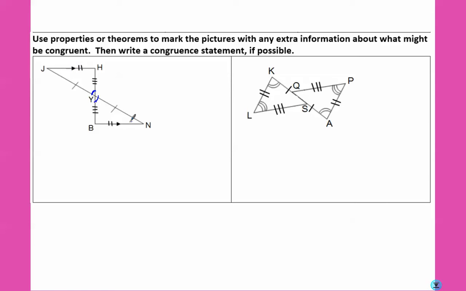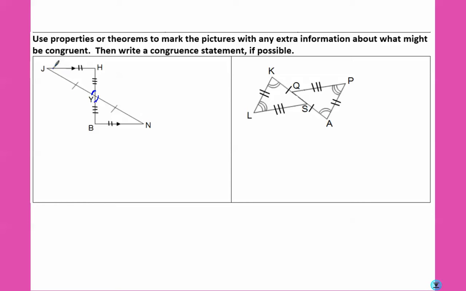What do these little triangles on the lines mean? They mean that this side, BN, is parallel to this side, GH. And then JN is the transversal that touches both of them.